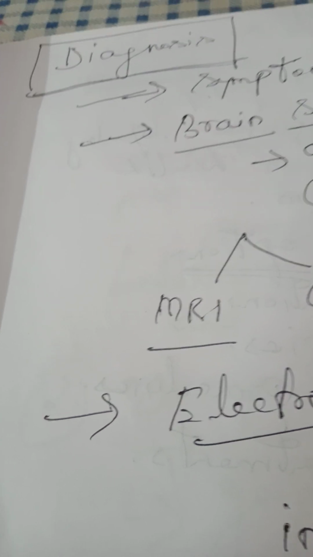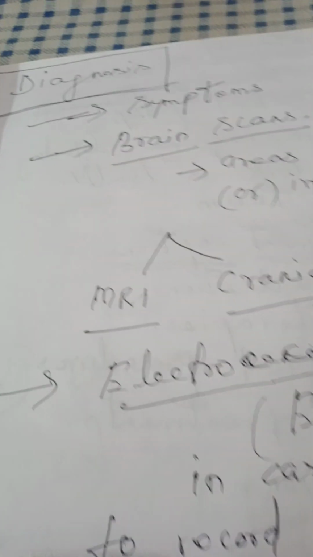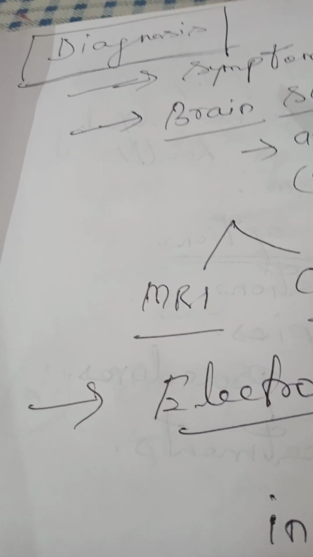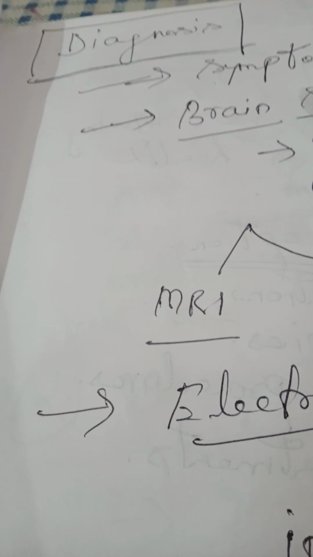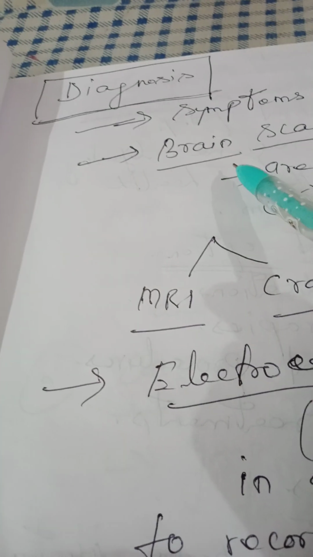Next one, diagnosis. How to diagnose cerebral palsy? From the symptoms, by seeing or examining the symptoms, we will come to know the people have the problem of cerebral palsy. Next one, by taking brain scans.